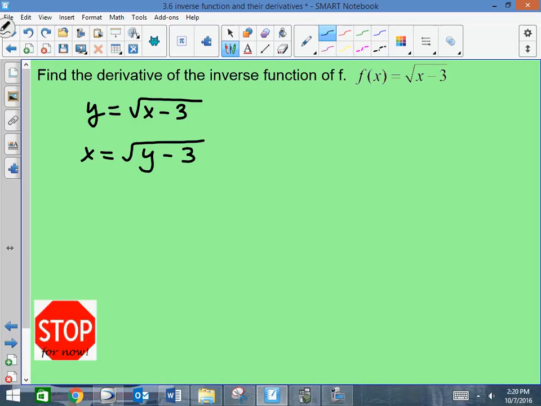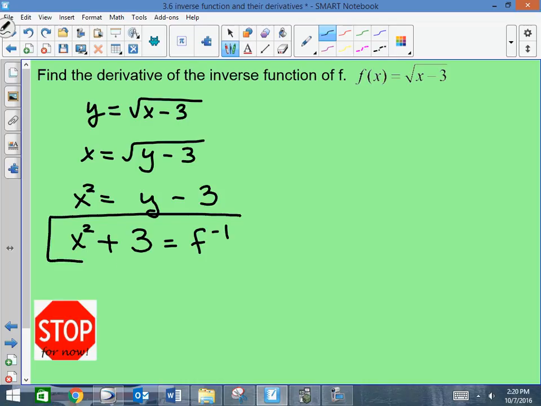What's the first thing you should probably do? Square both sides, so I get x squared equals y minus 3, x squared plus 3 equals y. Right? That's my inverse.